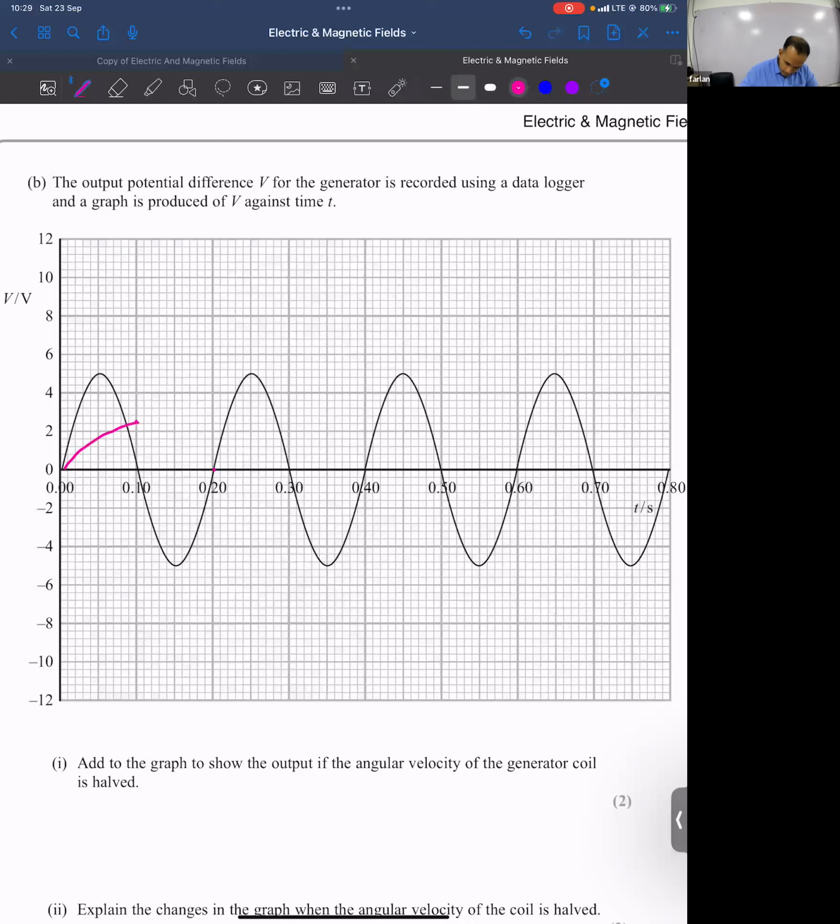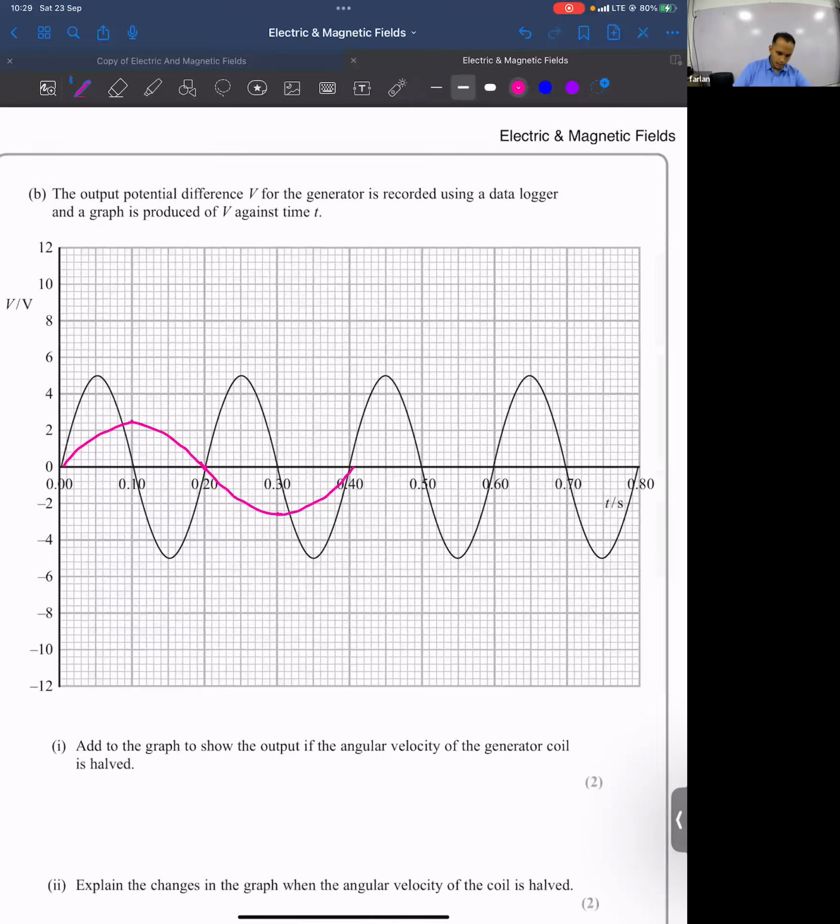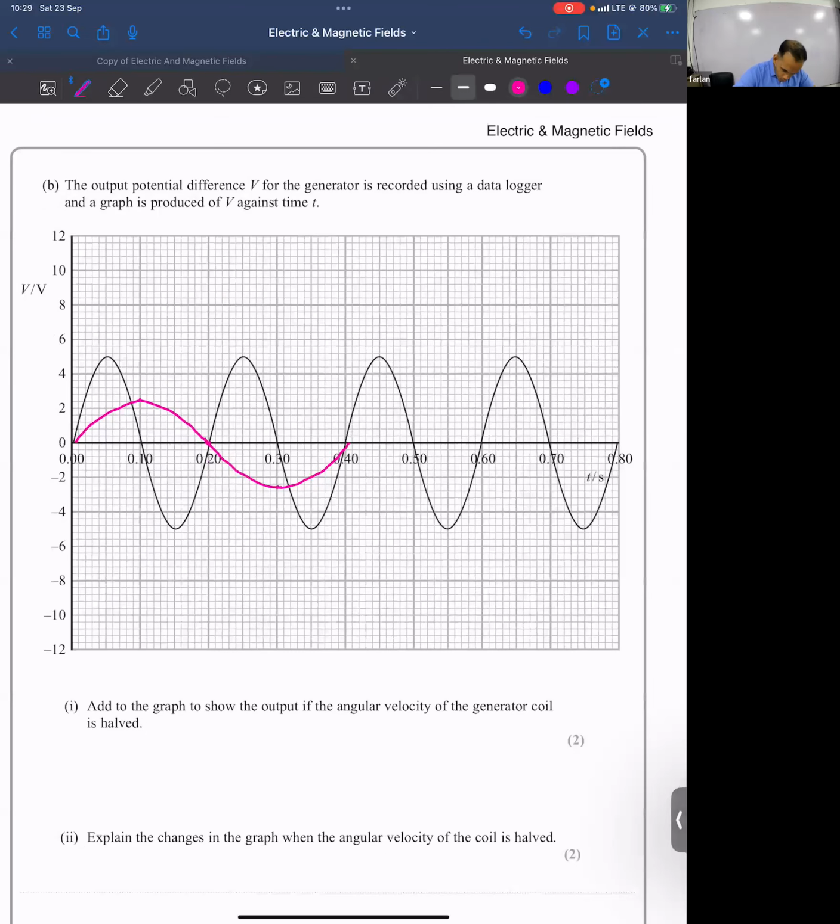Something like this. What do you think about this? Should be fine, no? Amplitude becomes half. The time period will double. So it has to be a graph like this. Those who haven't done it, take it down.